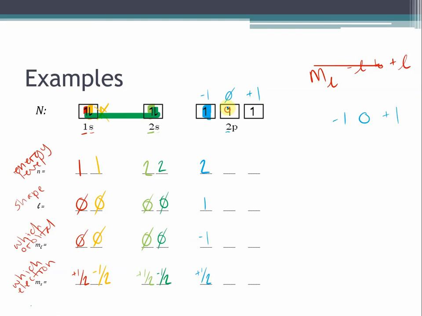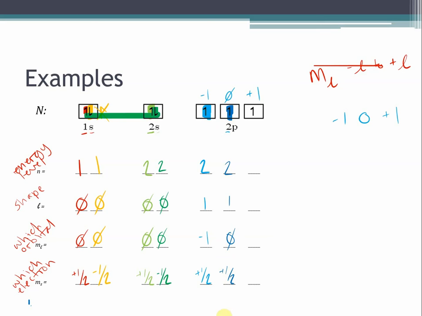All right, electron number 6 there is one orbital over, still in the second energy level, so a 2. Still in a p orbital, so 1 for our L value. But now it's in this center orbital, so its M sub L value is going to be 0 now. We've changed to a different orbital, so we get a different M sub L value. And it's still spinning up, so we've got a positive 1/2 right there.